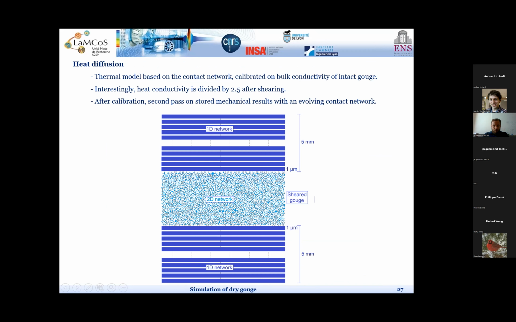Each grain is represented by a circle, and each contact is represented by a segment, and you can have heat exchange between each pair of contacting grains, and all of this can also exchange heat with the surrounding medium here, so it can dissipate and diffuse energy and heat in the surrounding medium.